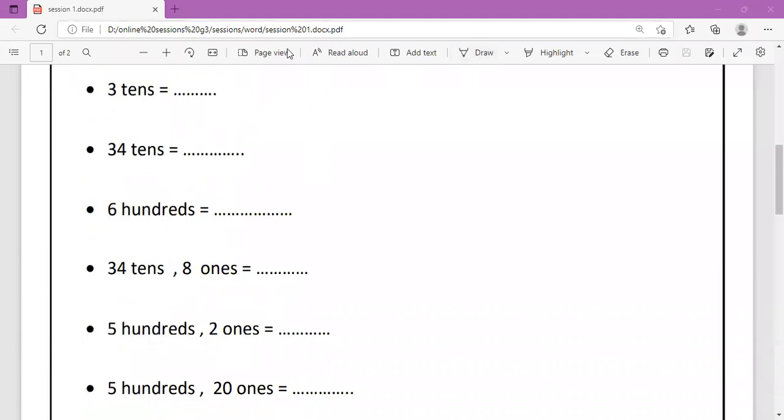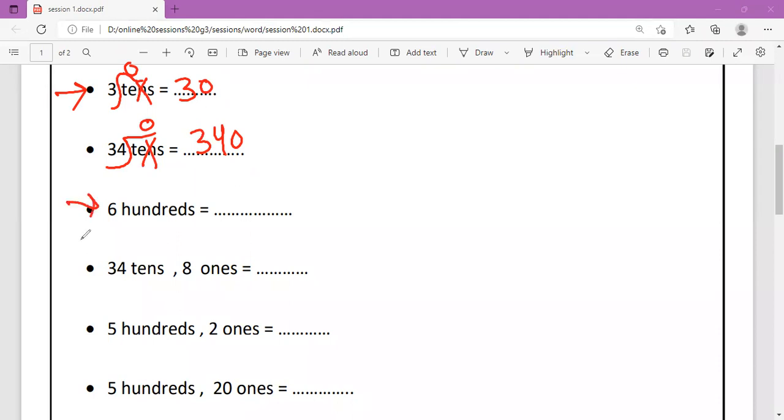This one here, 3 tens. I know that tens has only one 0, so cancel tens and put only 0. So it will be 3 and put 0, it will be 30. That's right. Tens here, the same steps. 34 and put 0, so it will be 340.